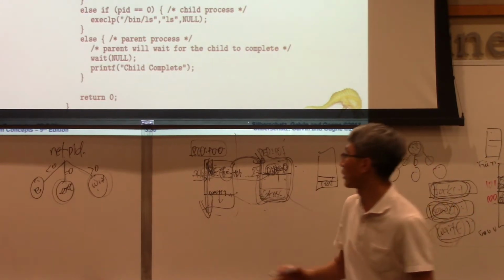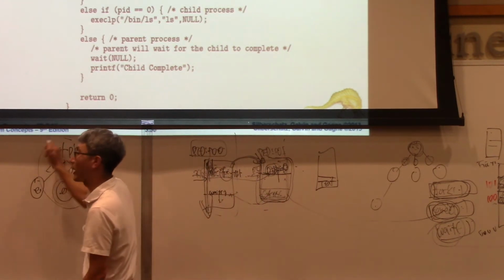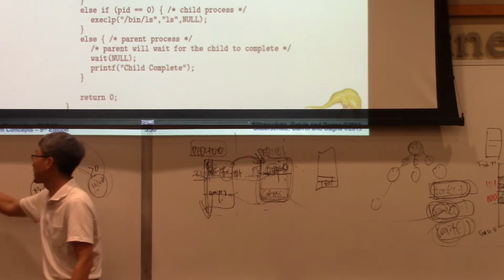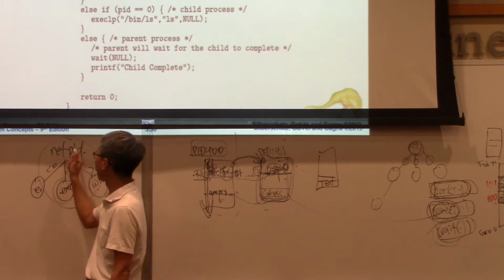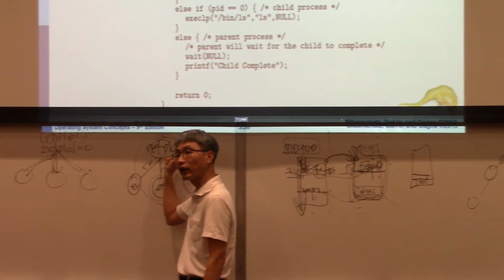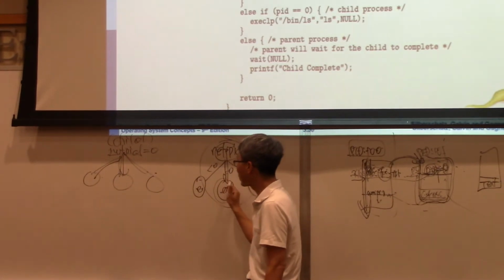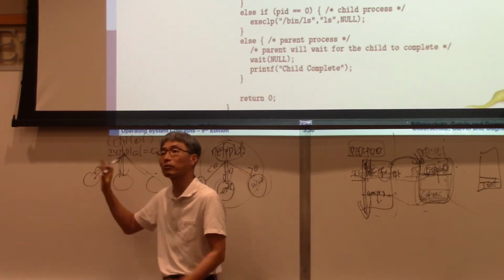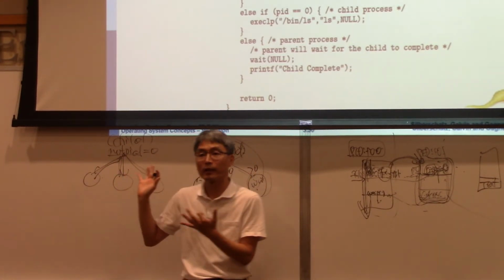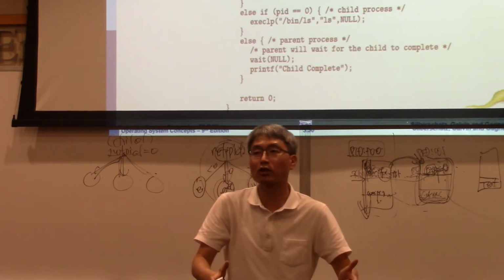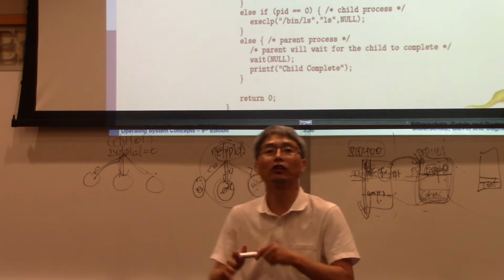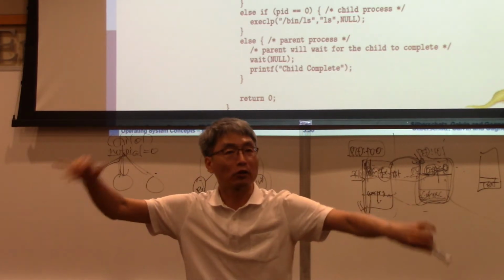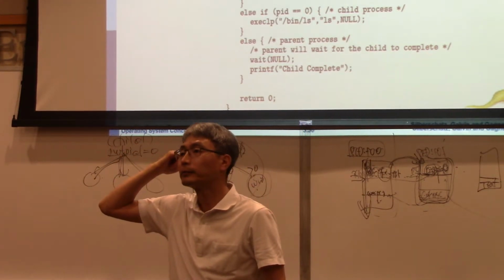They share the same logic, but that doesn't mean it's the same branch you use. Depending on the return RLT PID value, the parent goes to this one, the child goes to that one. It's the same logic, the same instructions, but because of the RLT PID value, it will go to different logic. Okay?